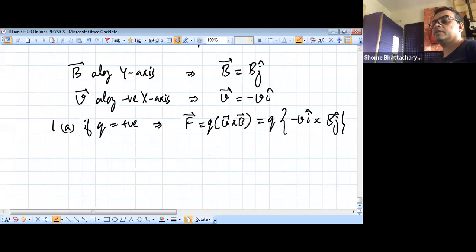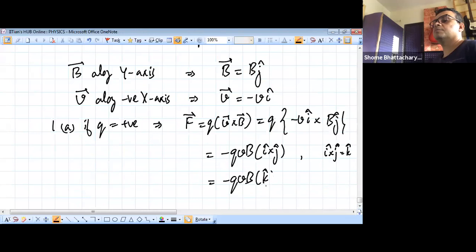That becomes minus q v B i cap cross j cap, which you know is k cap. So it will be minus q v B k cap.